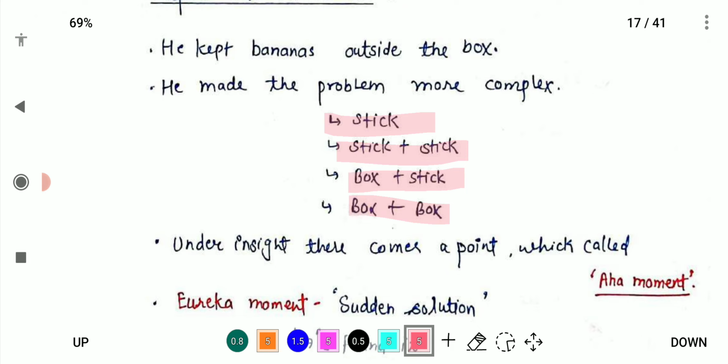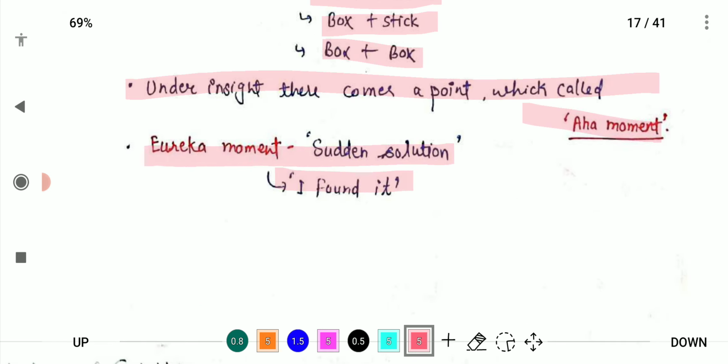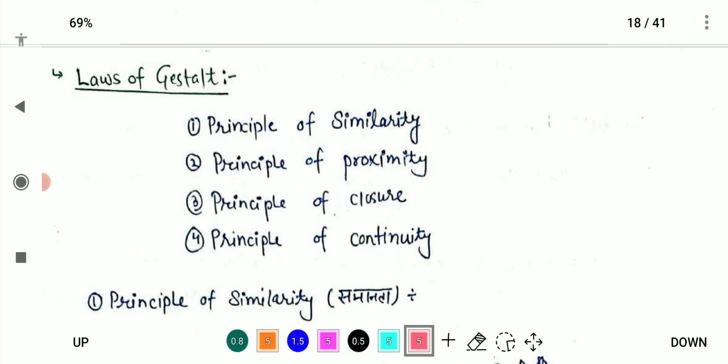Under insight comes a point called the aha moment, eureka moment, sudden solution. I have found it. So suddenly, when the monkey sees all the objects, it may have a thought like, okay, we got a solution.